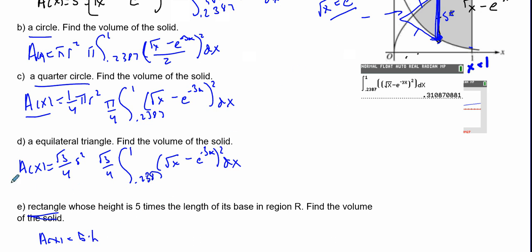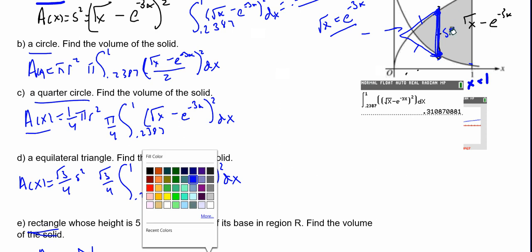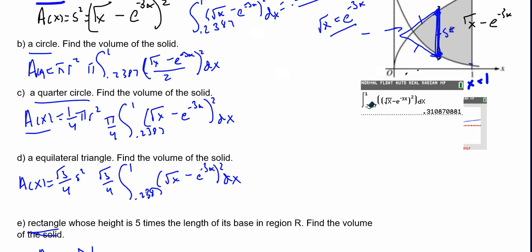Well, the base is actually equal to this length here. And it says the rectangle's height is 5 times the length of the base. So whatever this is right here, it's going to be 5 times bigger than whatever the base is. So these are not the same length. It's not a square.